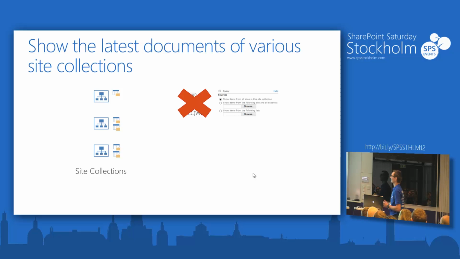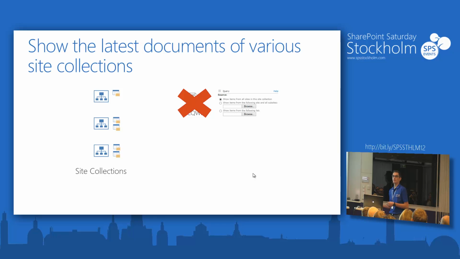No, you didn't have that option. It says only showing the items from the current site collection, from the current site, or from the current library. You couldn't use it for various site collections. You could use it on a site collection, but you couldn't specify which site collections you wanted to retrieve your data from.